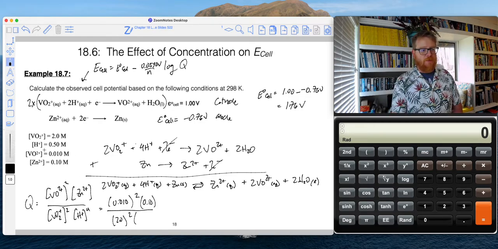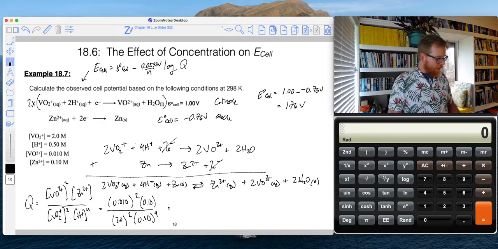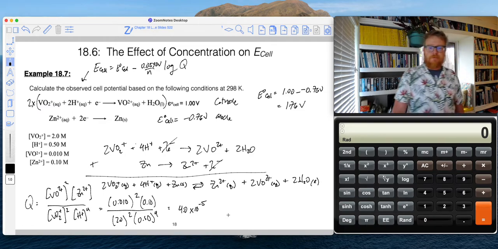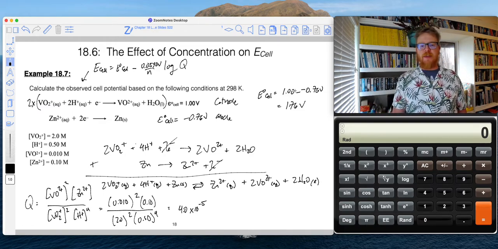And then now that's divided by H plus 0.5 molar to the fourth power. So I already calculated that in my notes. And so make sure that you get the same value as me, 4.0 times 10 to the negative 5 for the reaction quotient.